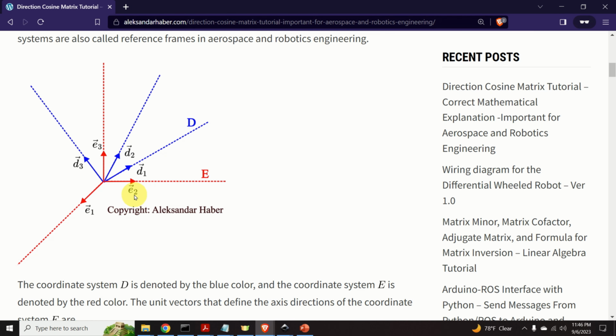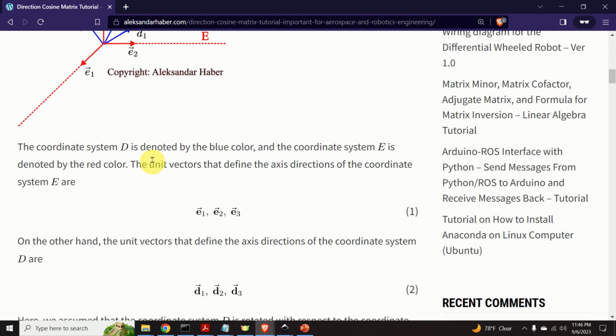Here, we assume that the coordinate system D is rotated with respect to the coordinate system E. Also, it's very important to keep in mind that without any superscript or additional notation, the components of unit vectors of both coordinate systems are represented with respect to some third reference coordinate system.